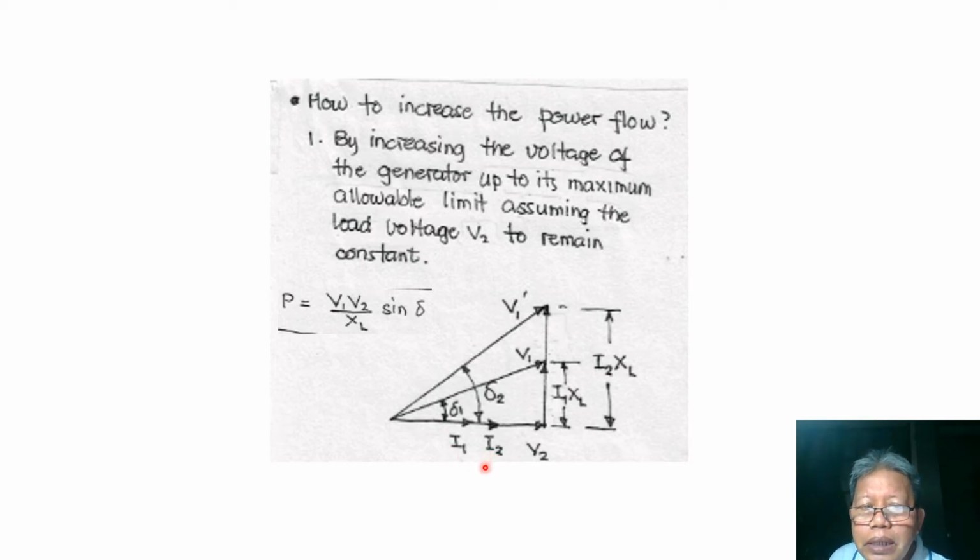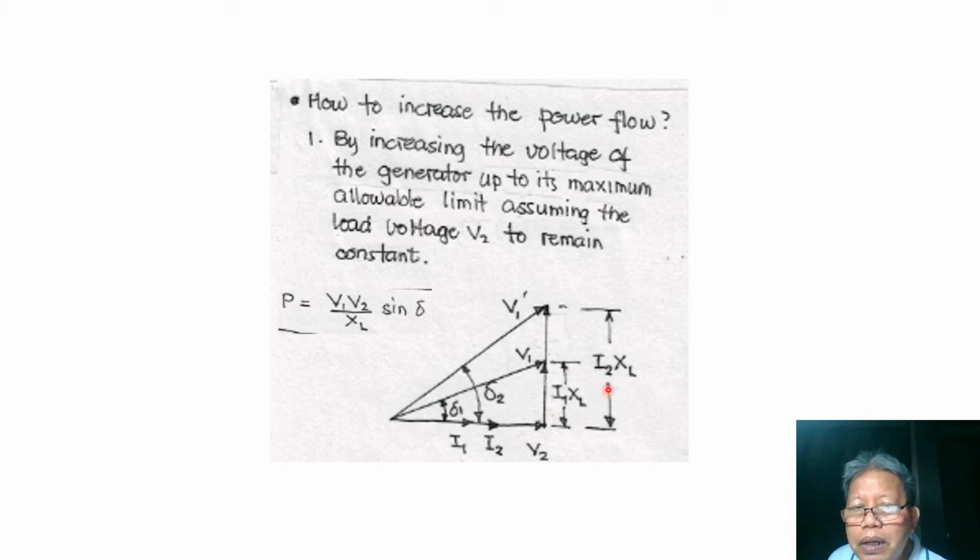Now, it is necessary that the current has to increase, because the reactance drop along the line needs to increase from this value to this value. So with the same XL, it is necessary that the new current I2 should be greater than the previous current I1.